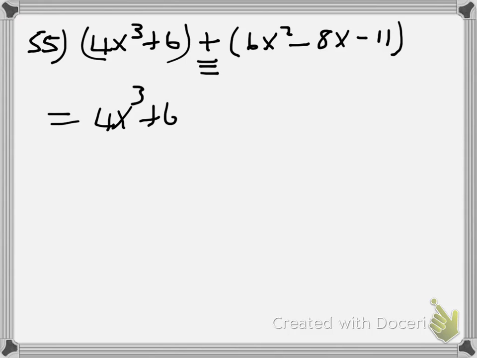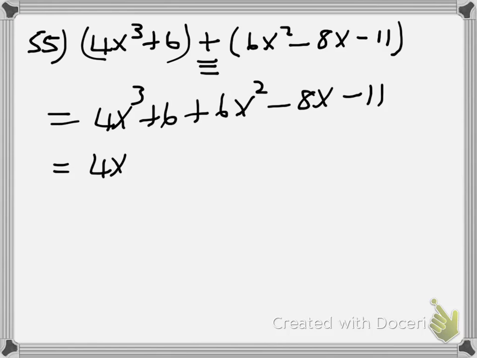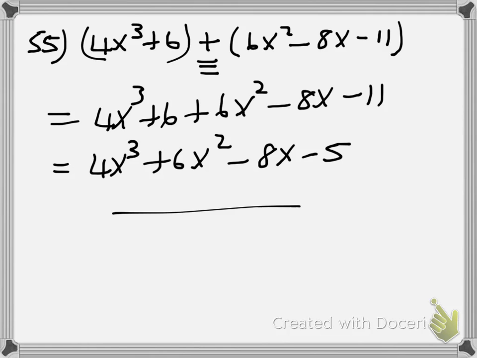We're just getting rid of the parentheses, and since this is a plus sign, it's so easy, we don't need to change signs at all, and then just write this in standard form from the highest to the lowest degree. Negative 11 plus 6 gives me a negative 5. There you go. And that's the whole chapter 0.5.